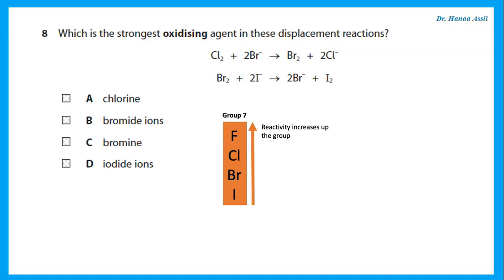So the more reactive nonmetal is a better oxidizing agent. Of course, here the chlorine is more reactive than bromine. Bromine is more reactive than iodine, but the strongest oxidizing agent is chlorine. And remember, it's chlorine, not the chloride. The chlorine is the strongest oxidizing agent.